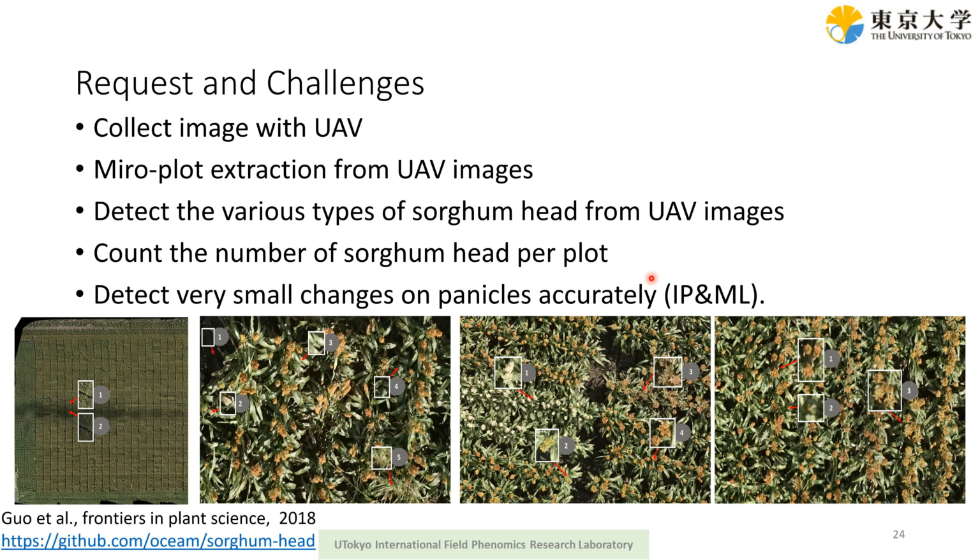By this kind of approach, he can have his answer for all plots, which we can call a full sampling strategy for his experiment, which is really helpful for the breeders at this moment.